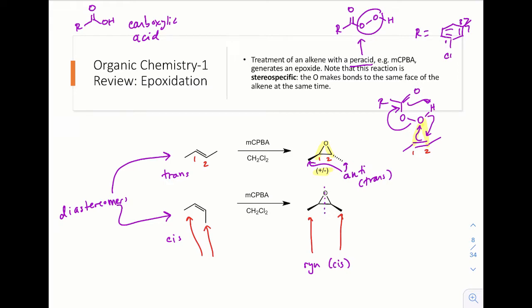However, this epoxide is achiral. There is a mirror plane of symmetry within this molecule. So although attack does equally happen to both the top and bottom face of this cis alkene, the two resulting products are exactly the same because this molecule is achiral.